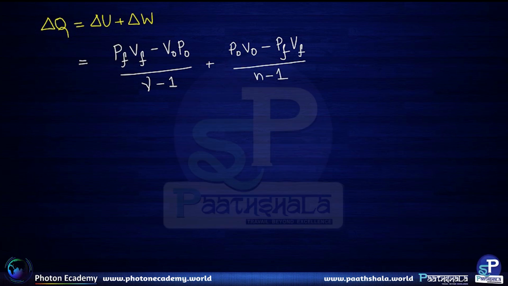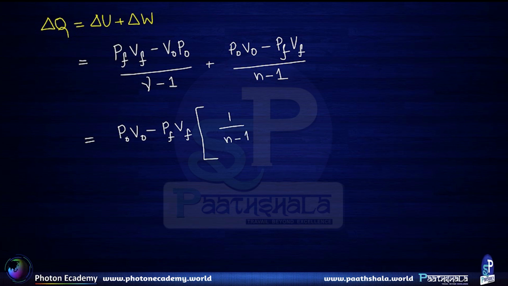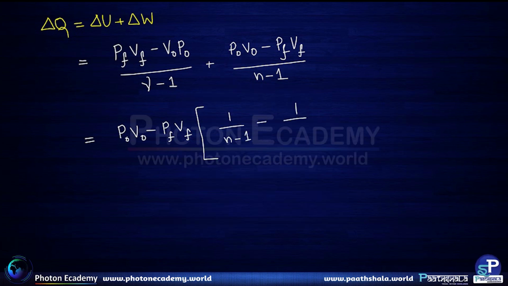So this is going to be (P0V0 − PfVf) times [1/(n − 1) − 1/(γ − 1)].